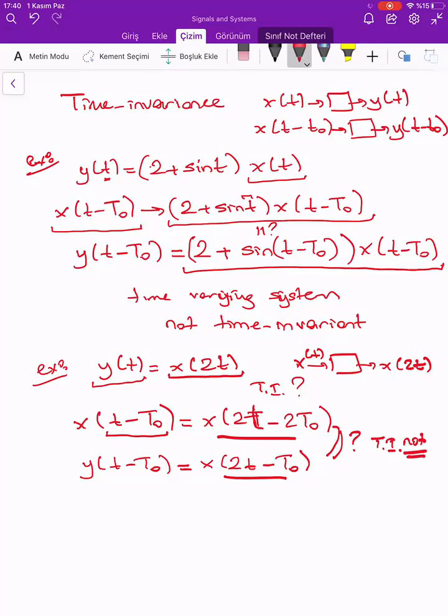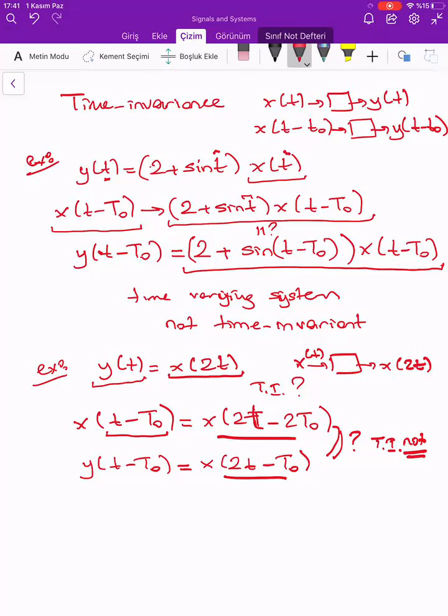I hope this is clear. If you think about how we approach the problem of whether a system is time invariant or not, we shift the input by t0 seconds, see how my output changes, and instead of t here and t here, I put t minus t0.